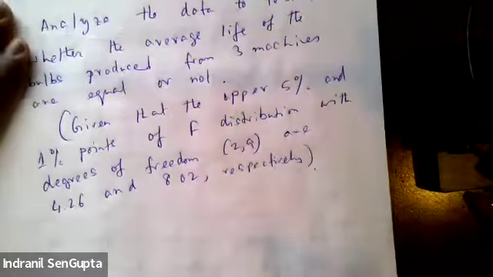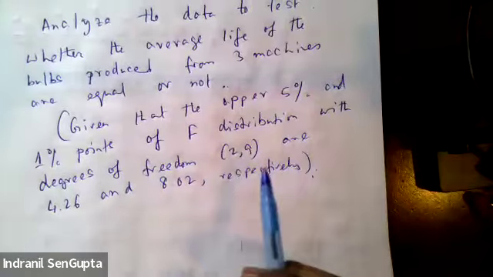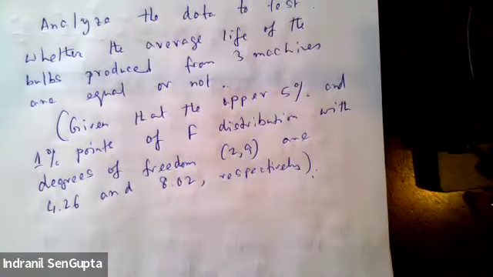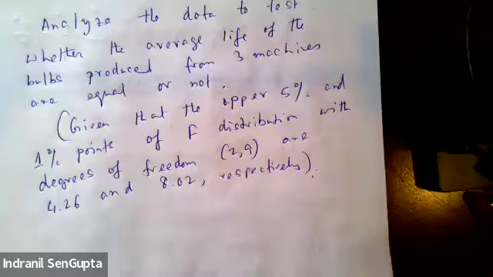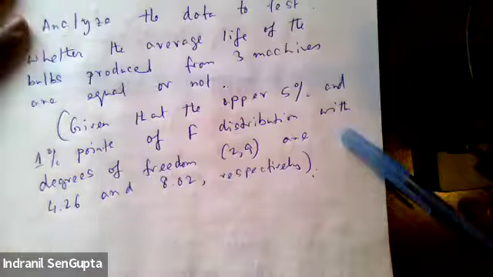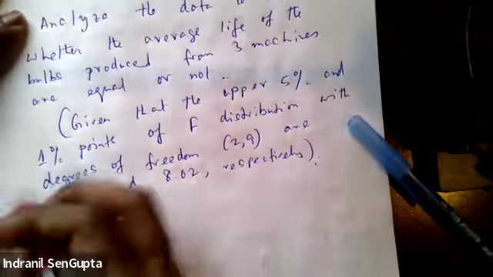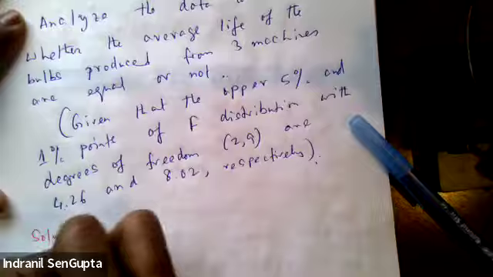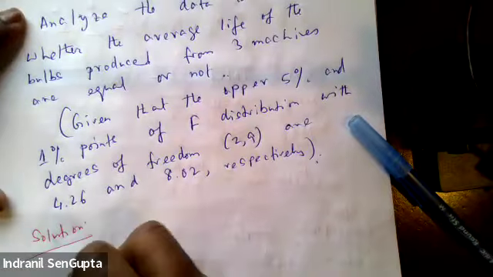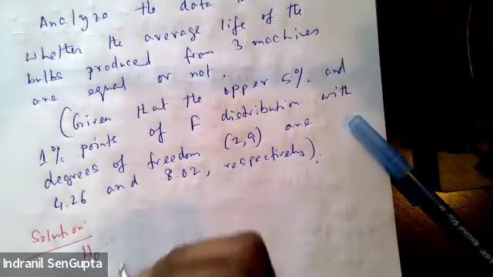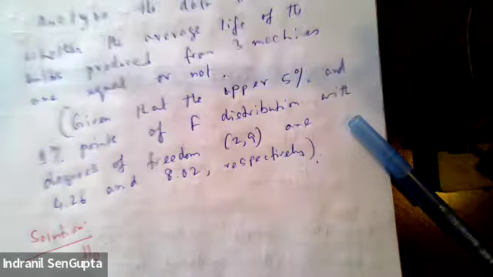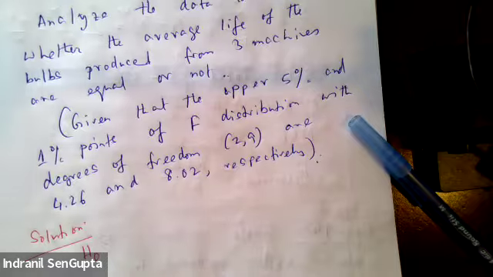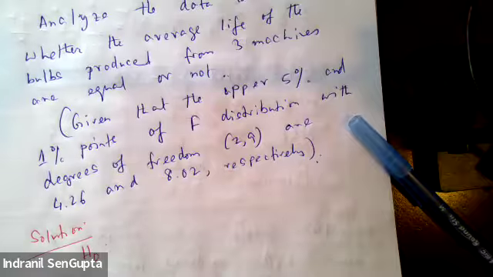It may be given, it may not be given, doesn't matter. If it's not given, we can always find it from whatever we have. All right, so what is the null hypothesis we are testing? Let's write the solution. H0: we are testing the null hypothesis that the 3 machines have the same average life.